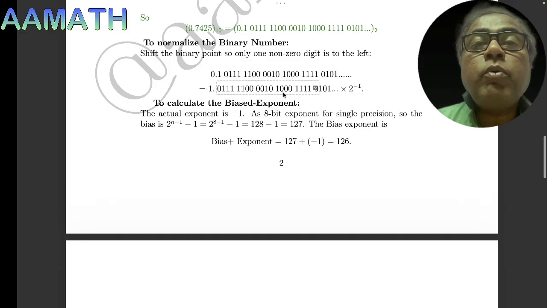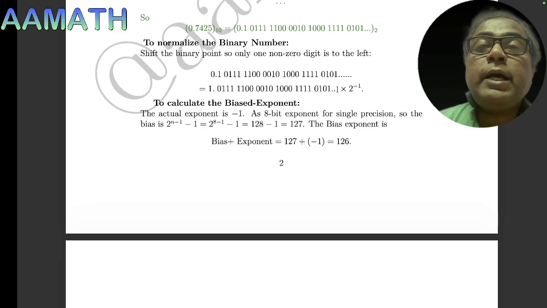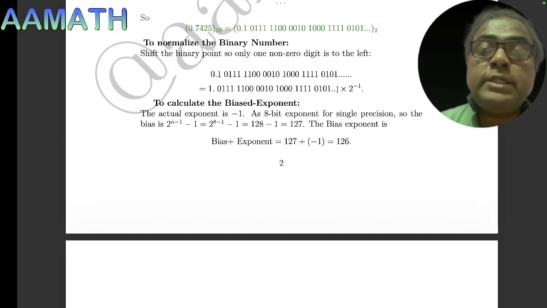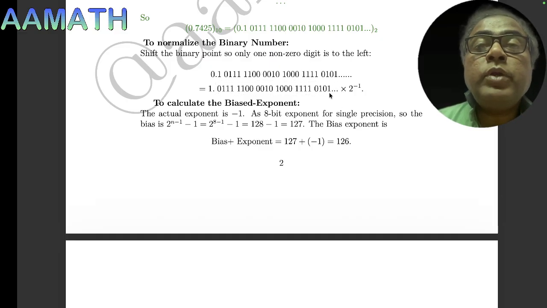For the following bits 0 1 0 1, and so on, there may be a non-zero digit after that, so we get only this 0. So add 1 at this point.